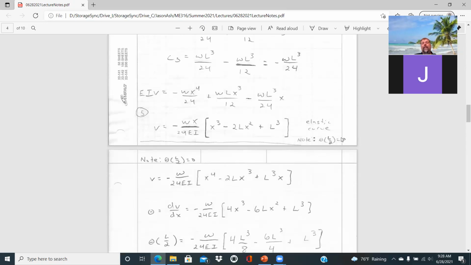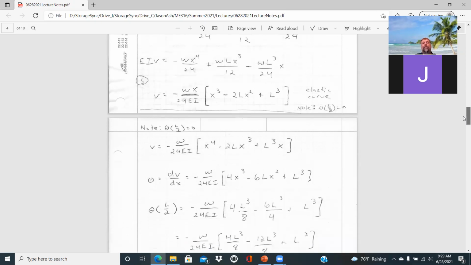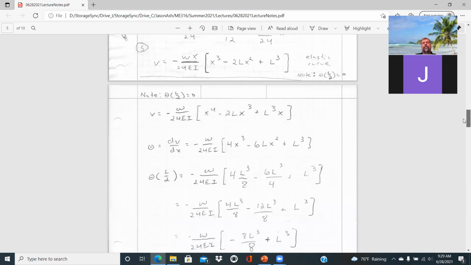If we know this is the case, we can plug that through and verify that the displacement is equal to 0.